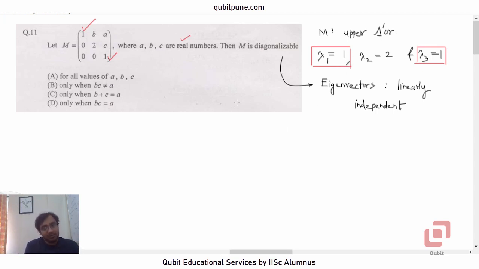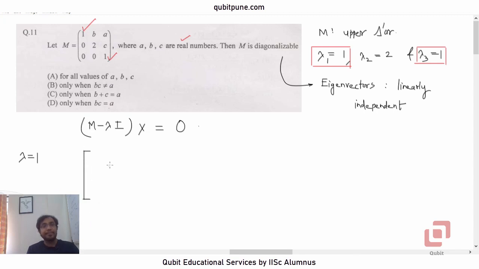Now to proceed, we will first write down the equation that we use to find the eigenvectors. That is (M minus lambda I) times the eigenvector x equal to the null matrix. So if I let lambda be 1, and I be the identity matrix of order 3, which equation will I get?